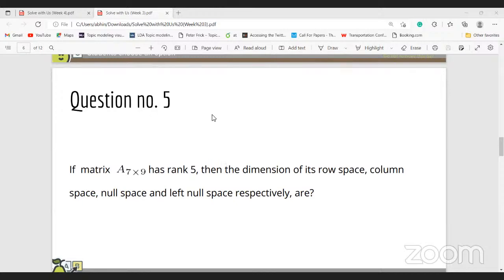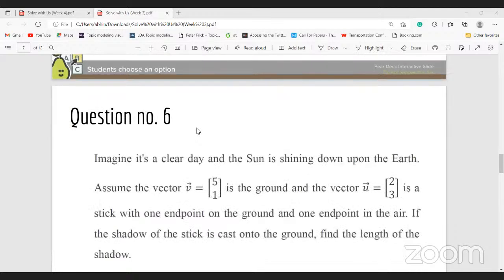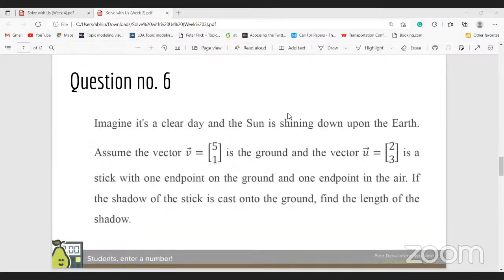Okay. So let's proceed to the next question. This is an interesting question. Go ahead and solve it. I'll give you 4 minutes to solve it. If anyone doesn't follow the question, you can intervene in between.